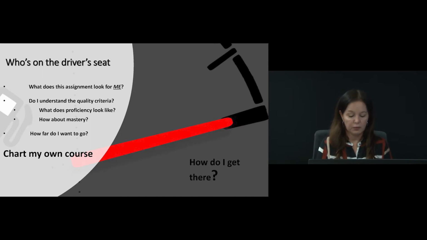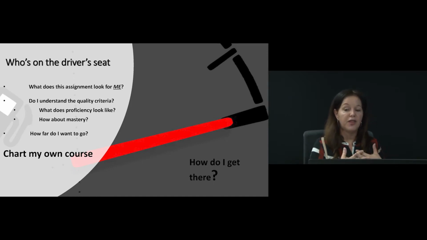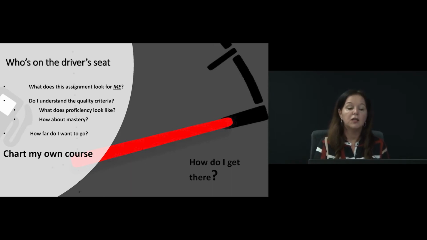So when they read the rubric and the rubric speaks to them the same way the gas meter speaks to me, our students can start thinking about how to approach an assignment. So what does this assignment look like for me? How does that relate to what my teacher is asking me to do? How do I understand what I need to do? Do I understand the quality criteria?